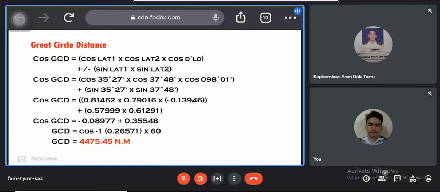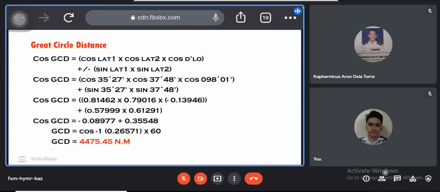The answer for that is 0.81462 times 0.79016 times negative 0.133946, plus 0.57999 times 0.61291. After we solve, the first term is negative 0.08977 plus 0.35548.